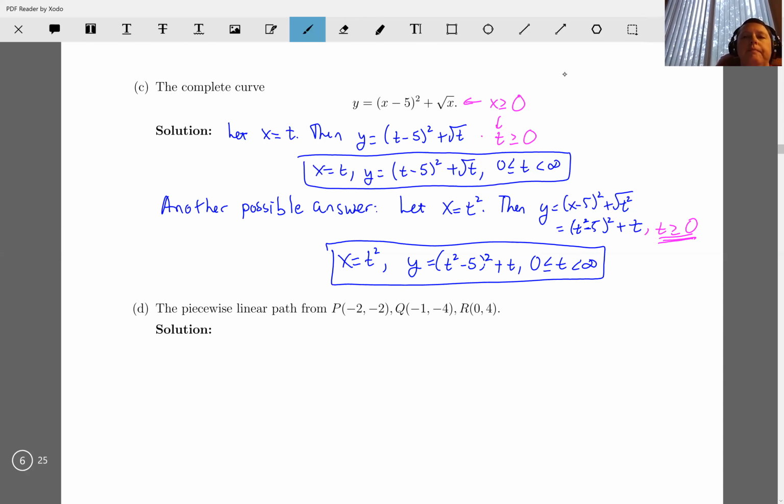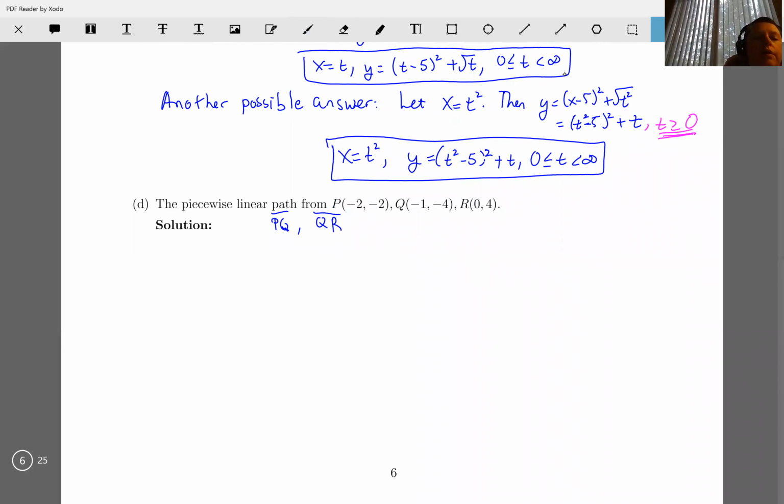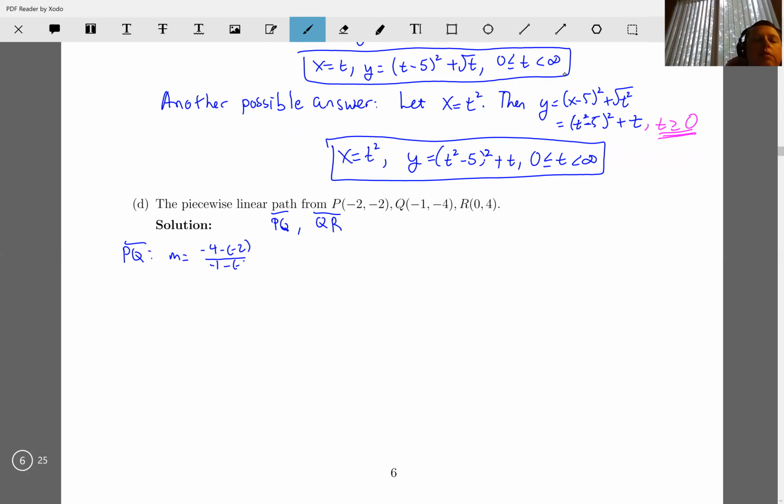All right, so that means that we have PQ followed by QR. So one thing we can do is just find the equations of those lines. And so I would start with this. So PQ, what's the equation of that line? My slope is -4 minus -2 over -1 minus -2, which is going to be -2.